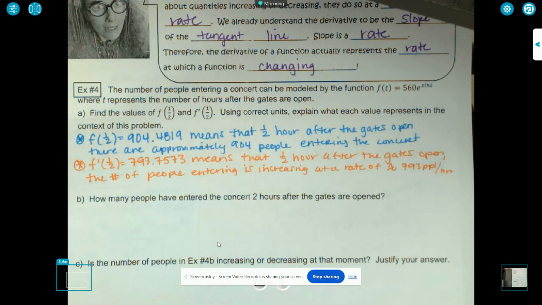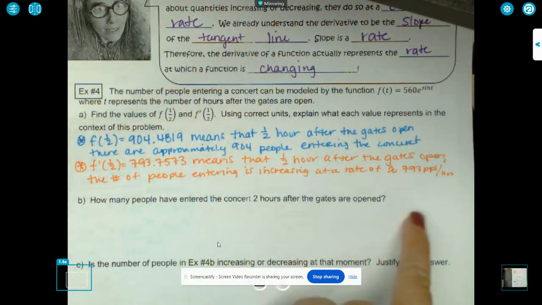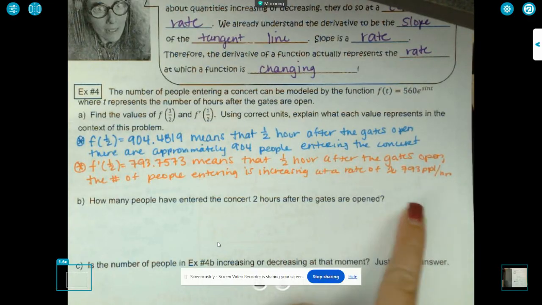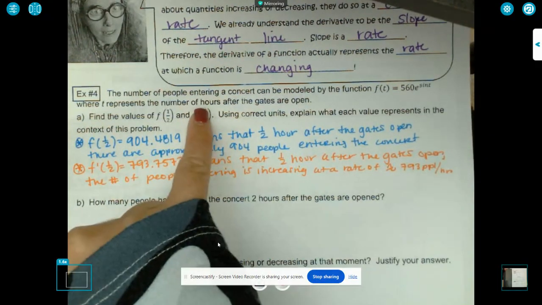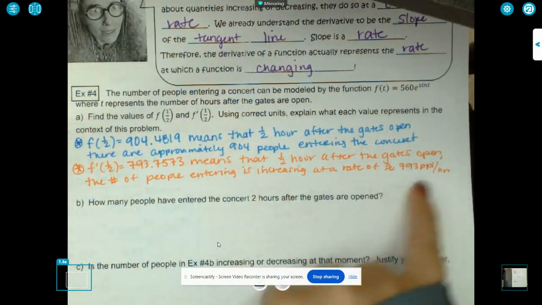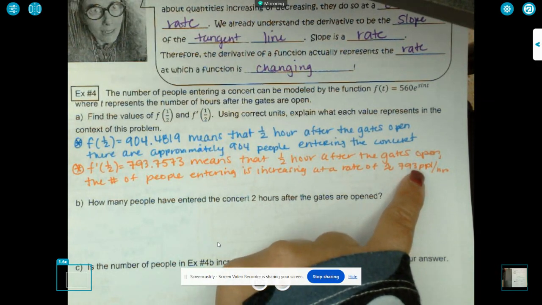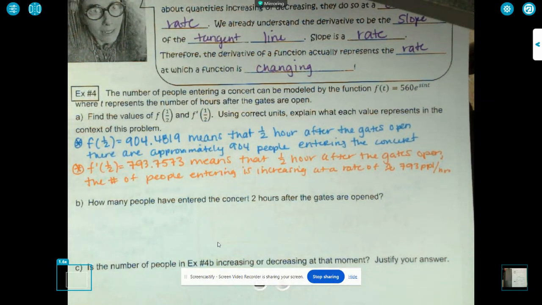Because your units were hours here, they're going to stay hours here. You're plugging in for a half hour, but your units is still hours. Your original problem was per hour, and the number of hours is your t. Speed of a car, you don't take it per 2 hours or per 3 hours. It's always per hour. We don't say, oh, I was traveling 30 miles per half hour. Our t was a half hour, but it's half of an hour. Our t is still hours.